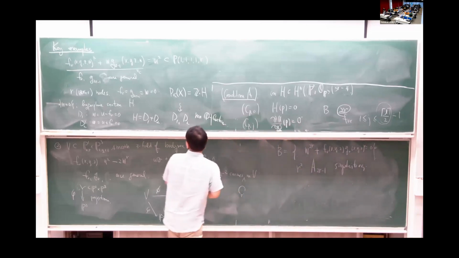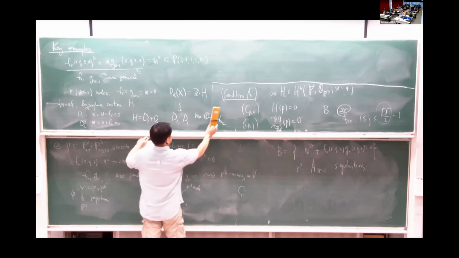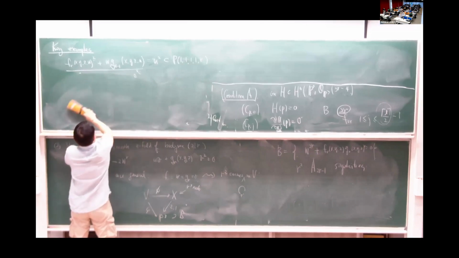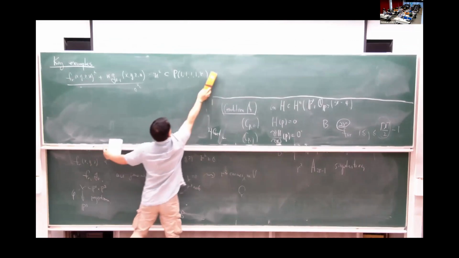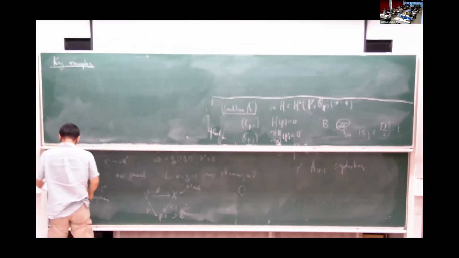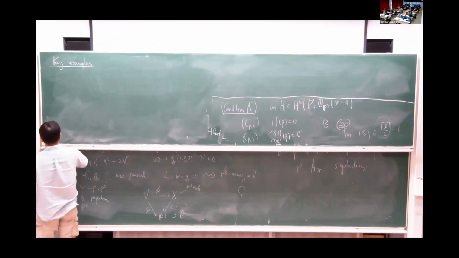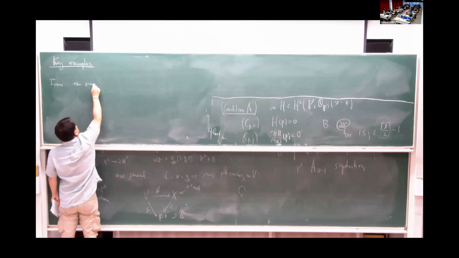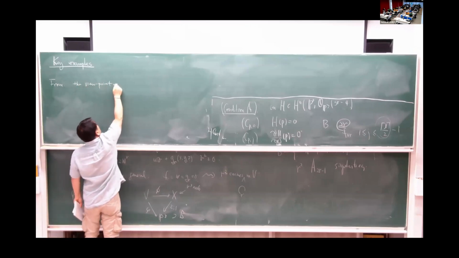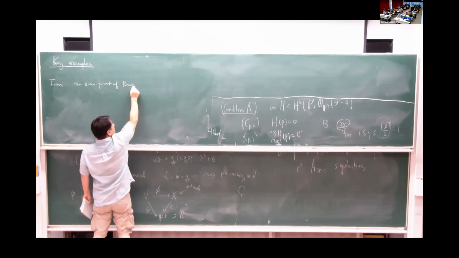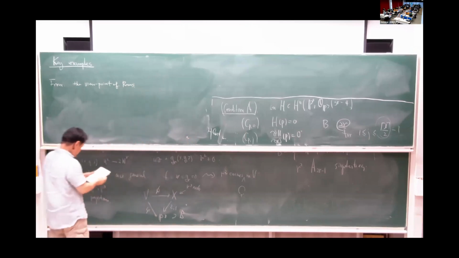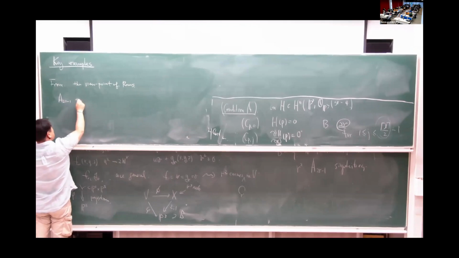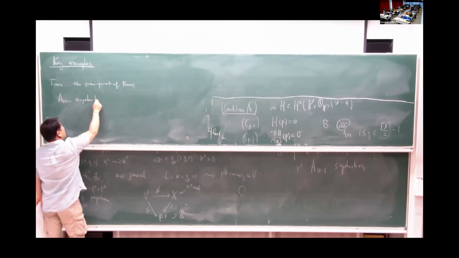All right, but there is another way to see why this is not Q-factorial. Let's say from the viewpoint of this condition. All right, so we have A_{2r-1} singularities.